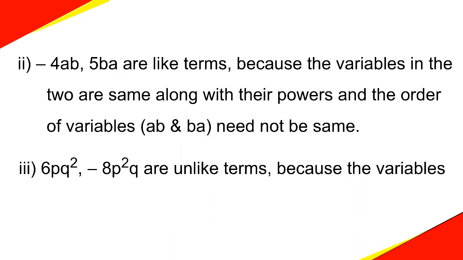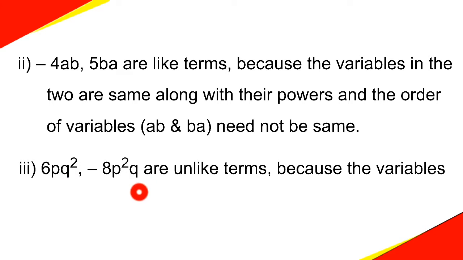Now we are going to take the third one, 6pq square, minus 8p square q. Here is there any common term among these two? There is no common term. We can see p and q are common, but their powers are not equal.